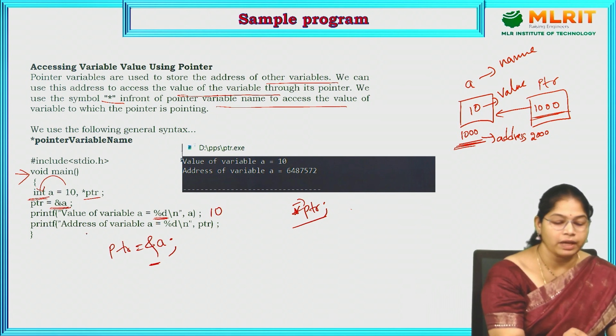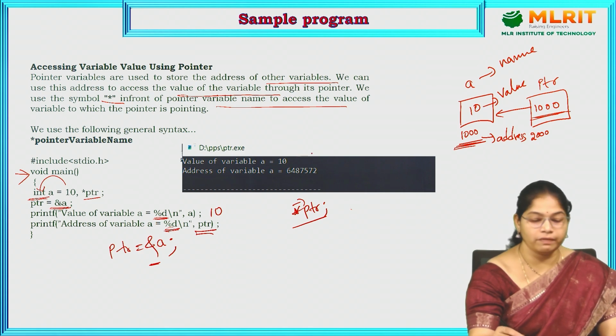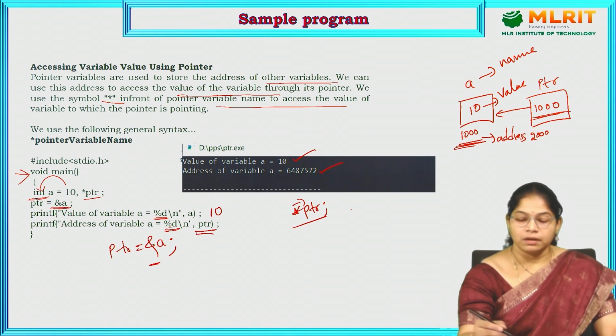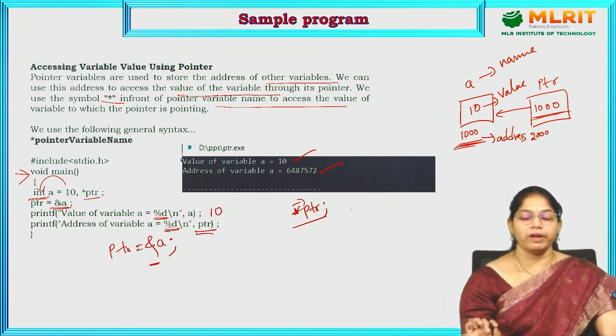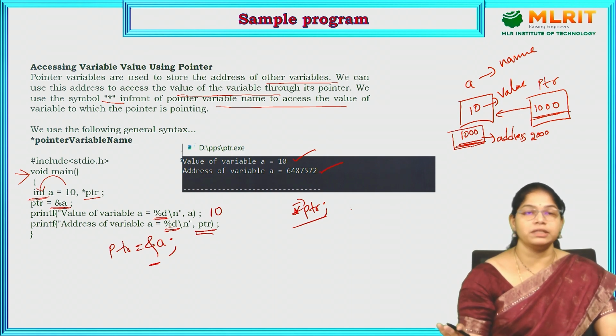So printf address of variable A is equal to %d, ptr. Now we can see in the console window the value of variable A is 10. Then the address of variable A: the address is always in the form of hexadecimal, but here we are considering 1000 for simplicity.